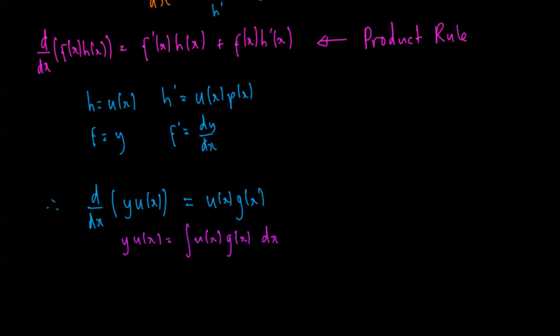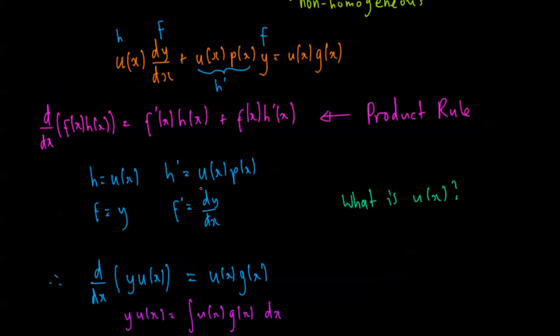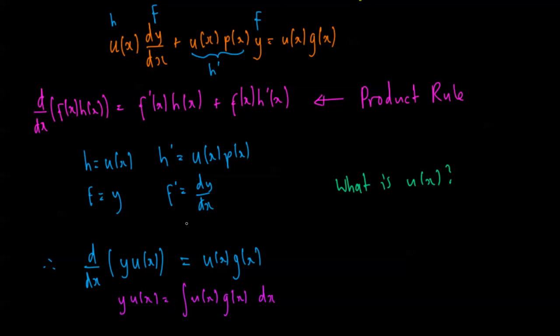So the question is, what is u of x? What function u do we multiply every term by so that we can write it in this form, which is easily solvable?